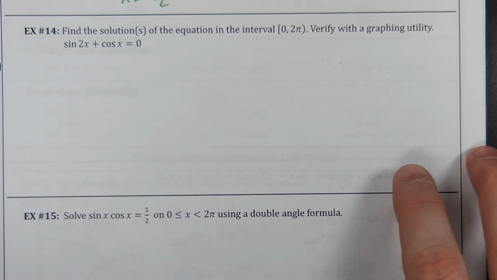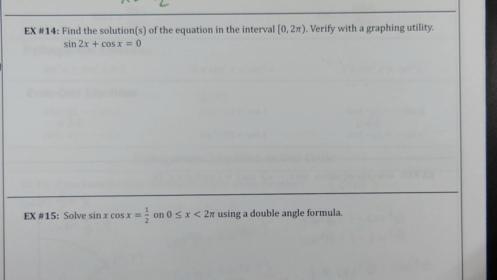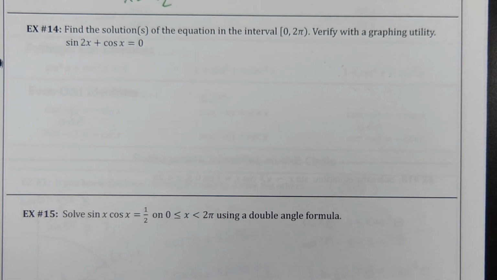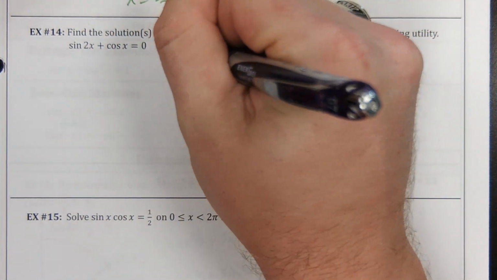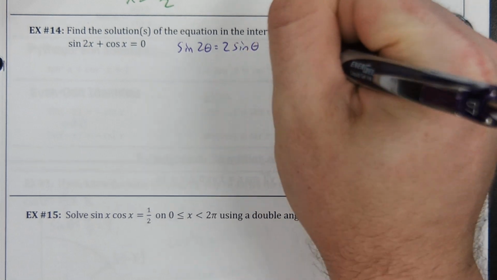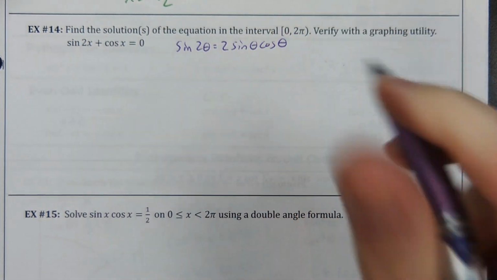Next, solve them for x. Check it out. A double angle. We have identities for sine of 2x, don't we? Just one of them. The double angle identity for sine is 2 sine theta cosine theta.